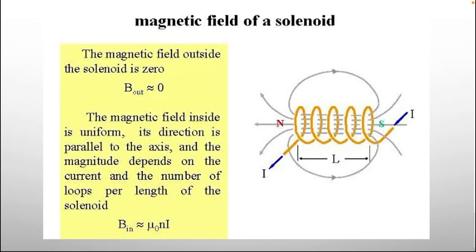The magnetic field outside the solenoid is 0. The magnetic field inside is uniform. Its direction is parallel to the axis, and the magnitude depends on the current and the number of loops per length of the solenoid. B inside is equal to mu times n times I, where I is the current and n is the number of turns per length of the solenoid.